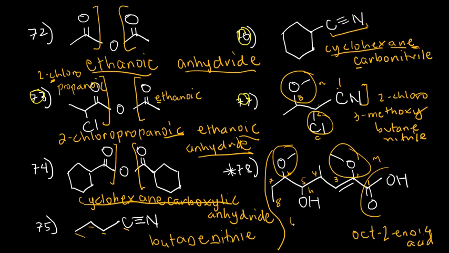So we have here 5-hydroxy, then 2,6-di, there are 2 of them, methoxy. And don't forget that we don't consider the multiplicity prefixes in the alphabetization. So H will really come before M. So this is the complete name. Let me just double check. 5-hydroxy, 2,6-dimethoxy, oct, there's a double bond. Okay, so I think this is the final name.